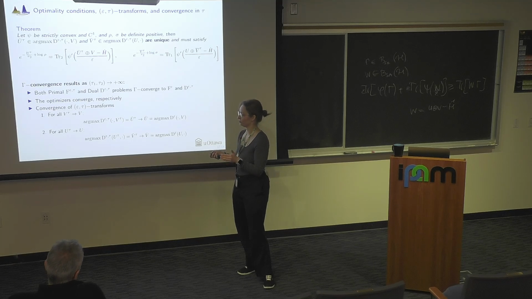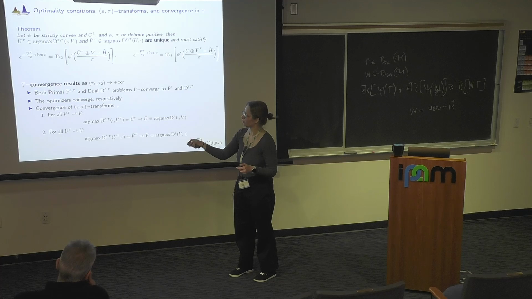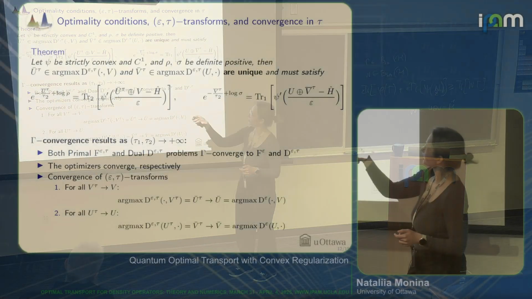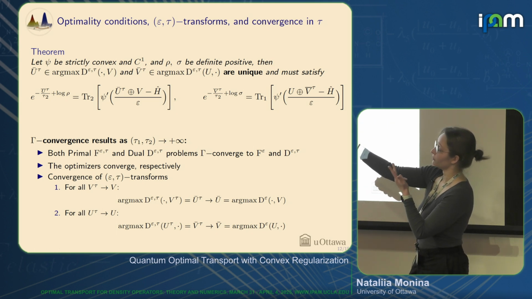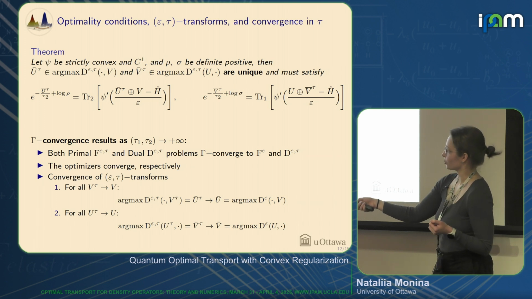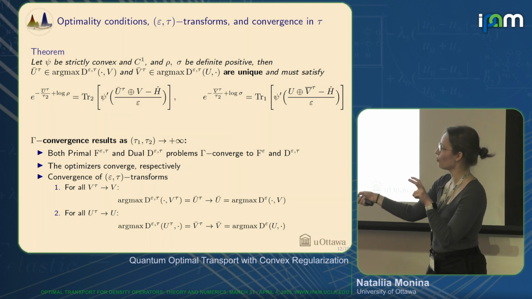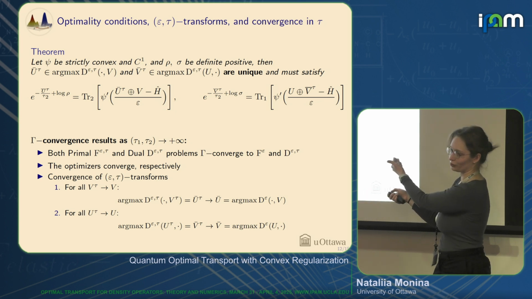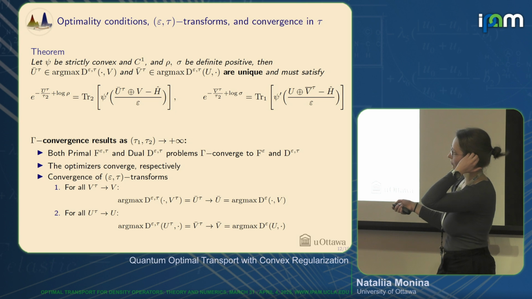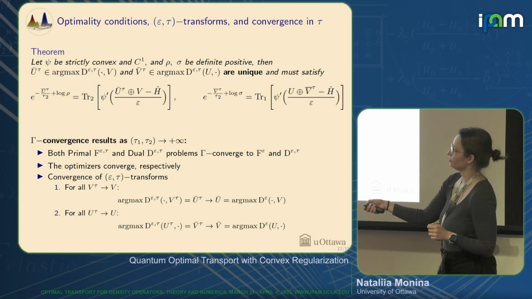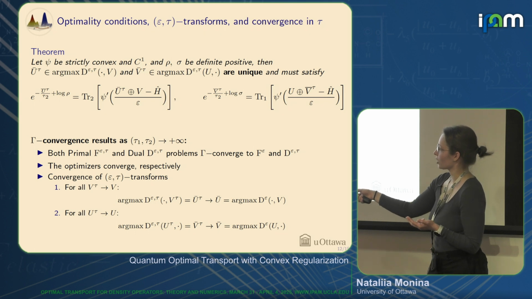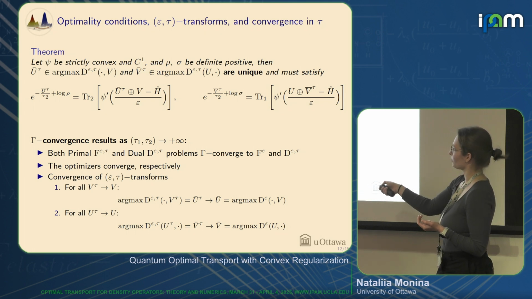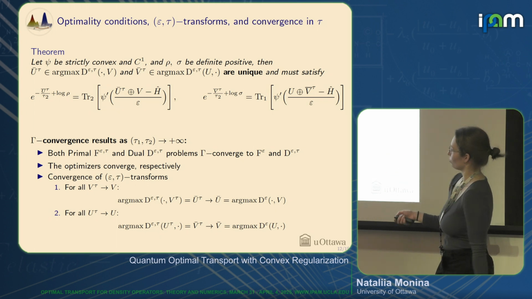Another thing we showed is that if we take the epsilon and tau transforms, which are the argmax of d epsilon tau in one variable, the tau epsilon transform converges to the epsilon transform as tau goes to infinity. You don't need to fix one variable, you can take a sequence: if you have some v tau converging to v, then the argmax with v tau will converge to the argmax with v when tau goes to infinity.